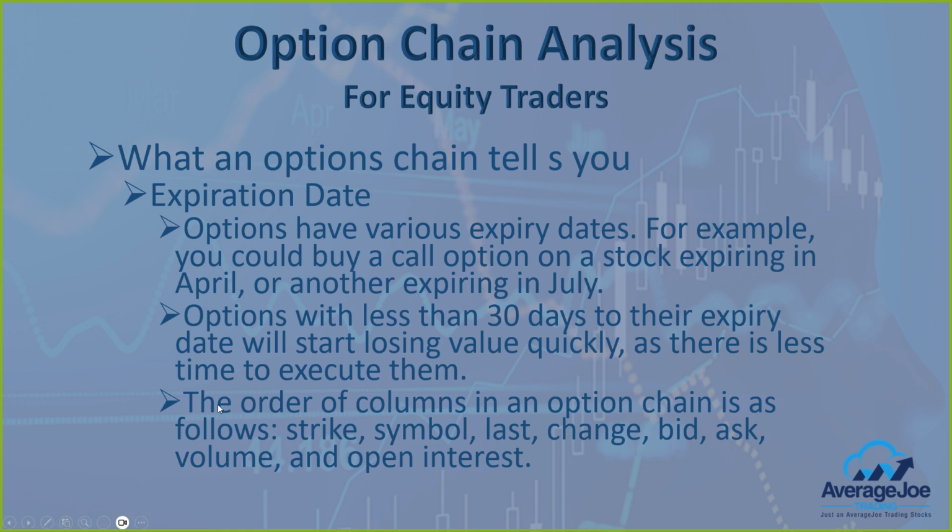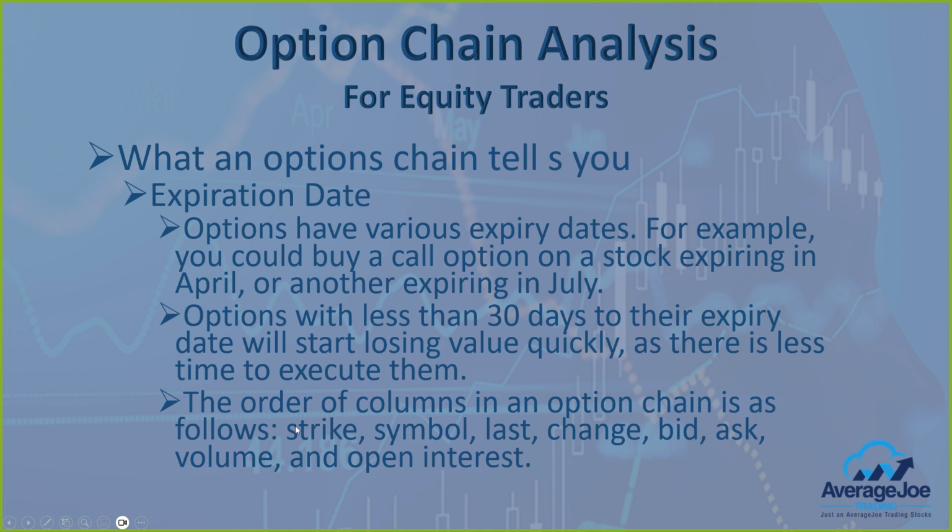Okay, so the way we look at the columns, and we're going to look at this in a minute: we've got strike price, the symbol, the last price, change, bid, ask, volume, and open interest. There are some things that we don't care about.